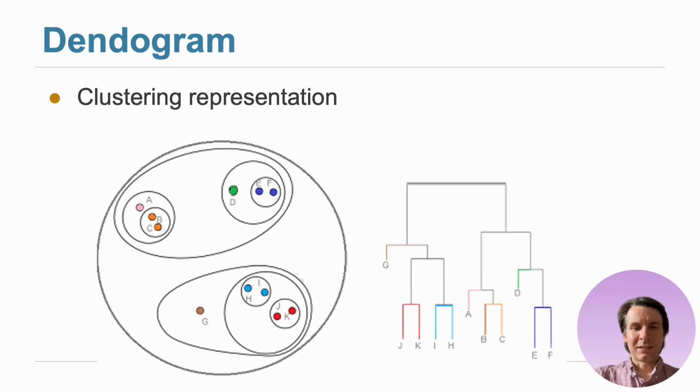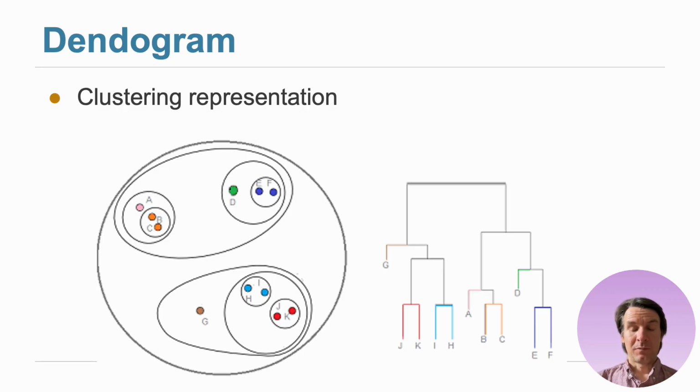If you do a clustering in either way, such that you end up with one cluster at the top and many clusters at the bottom, you can remember the history of how the clusters were merging or dividing, and you create this dendrogram, a representation of clustering. On the right you have it as a tree where you always see 2 clusters that you are merging as you go up.